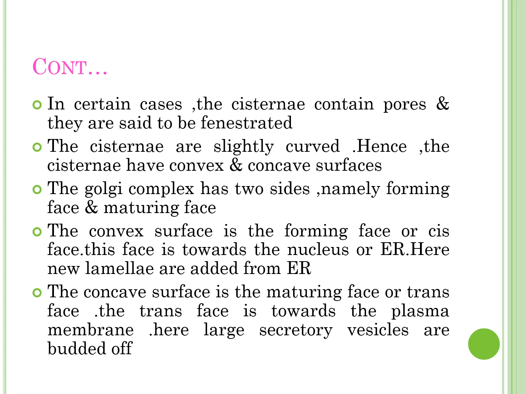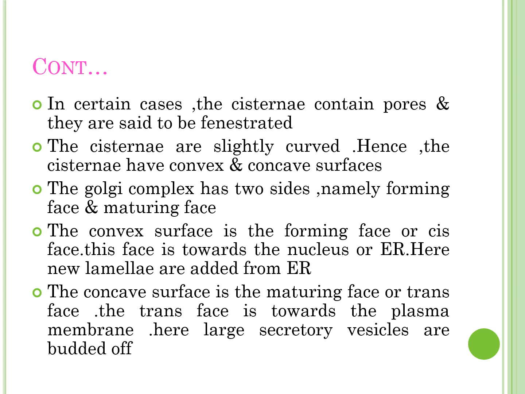The Golgi complex has two faces, namely the forming phase and the maturing phase. The convex surface is the forming phase or cis phase. This phase is towards the nucleus or endoplasmic reticulum. Here a new lamella is added from the endoplasmic reticulum. The concave surface is the maturing phase or trans phase.